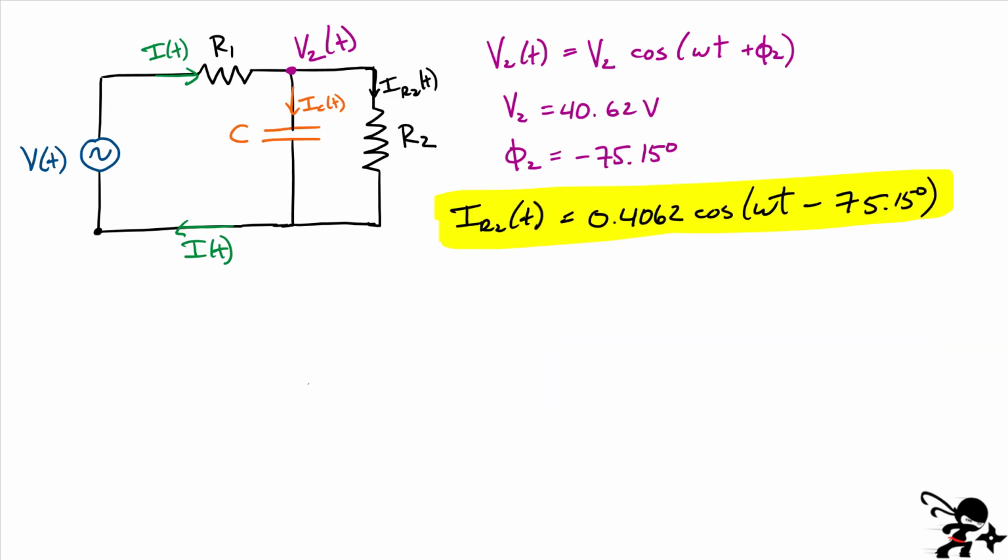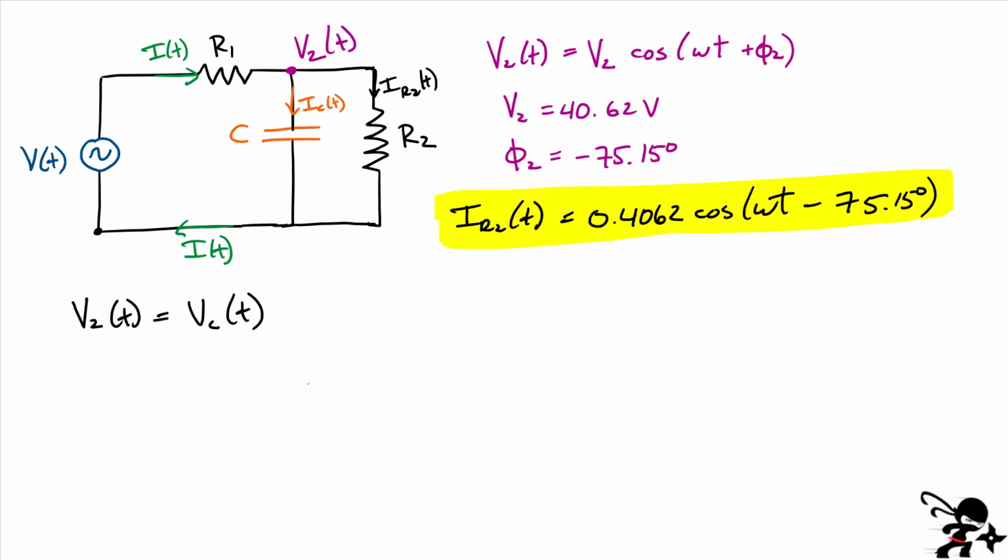All we're left with now is this capacitor branch. For the capacitance, remember that V2 of t is simply equal to the voltage across that capacitance as a function of time. We know the amplitude, we know the phase of the voltage. Now, the way you find the amplitude of the current in this branch is simply by applying Ohm's law.